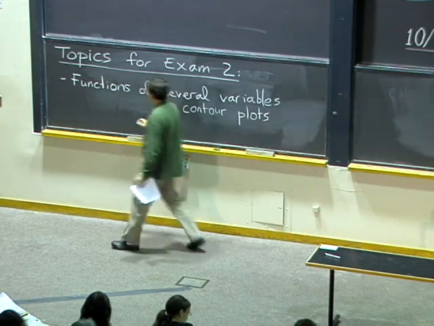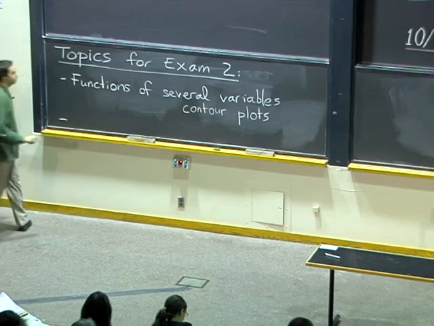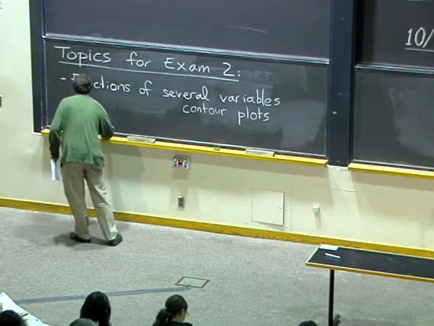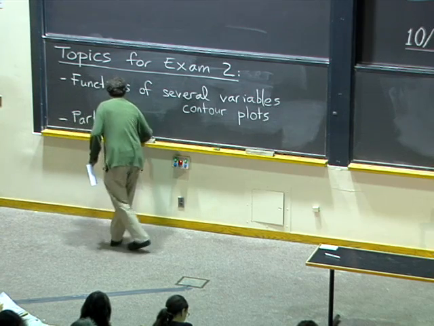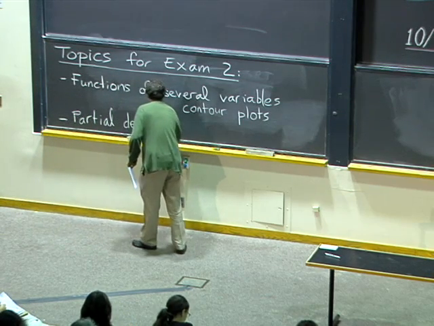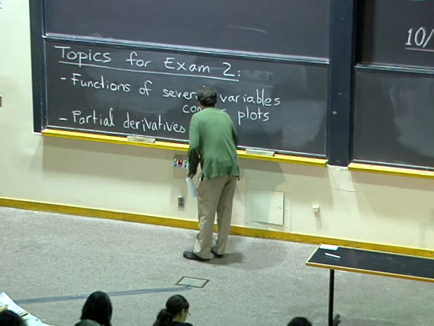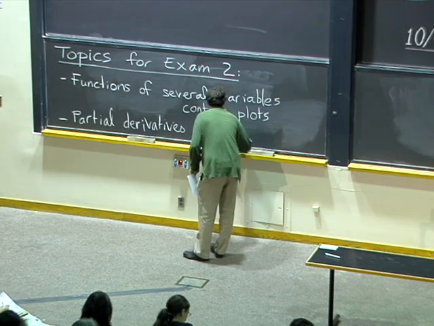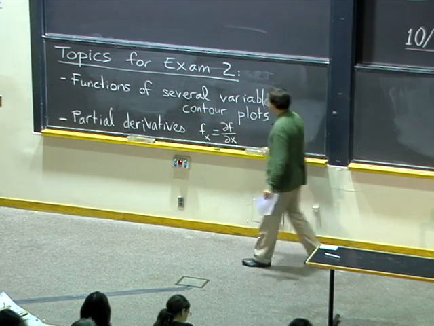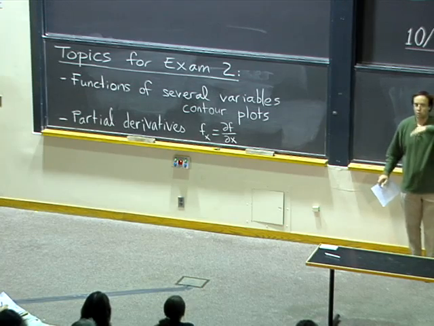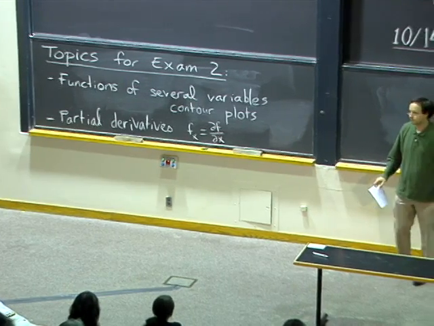And we've learned how to study variations of these functions using partial derivatives. So remember, we've defined the partial of f with respect to some variable, say x, to be the rate of change with respect to x when we hold all the other variables constant.